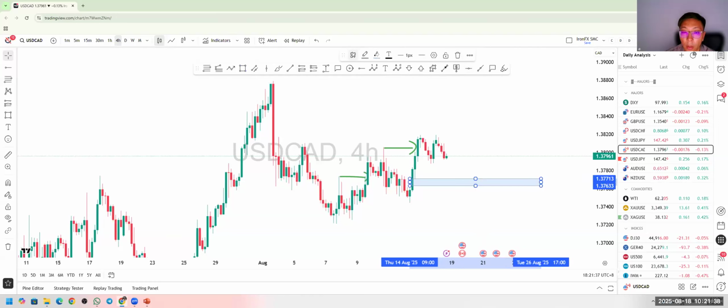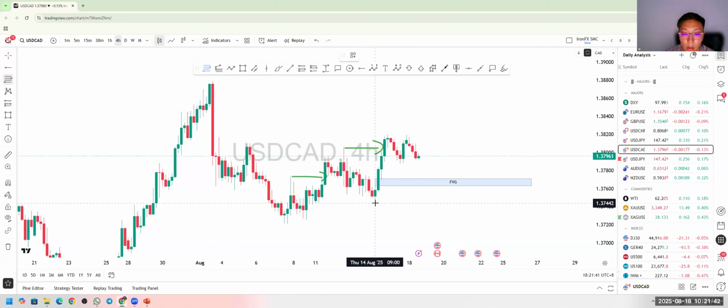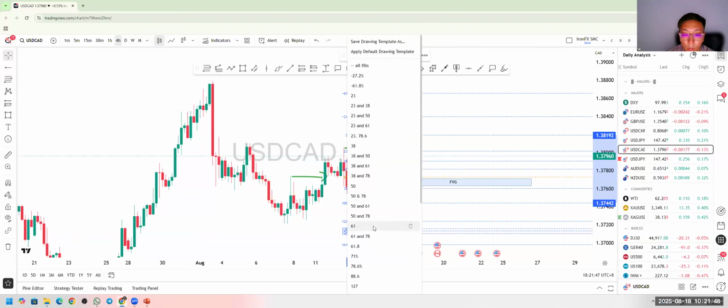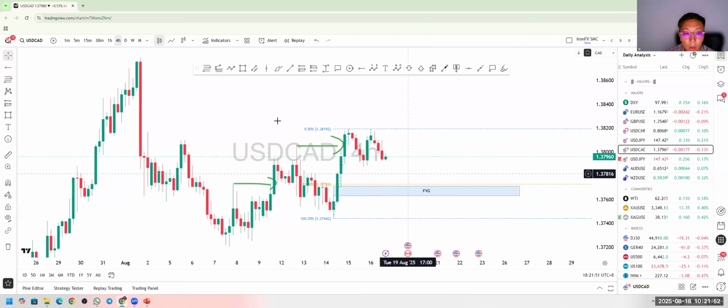This is my fair value gap. What's next is to mark out your fib level. If it's rather close to each other, I think it's fine to enter.